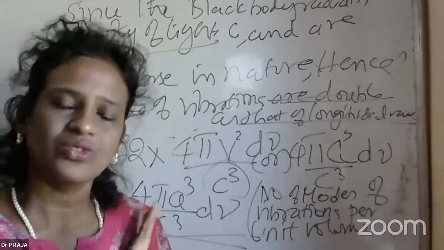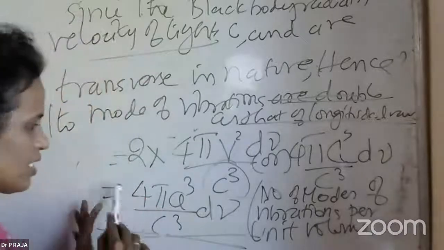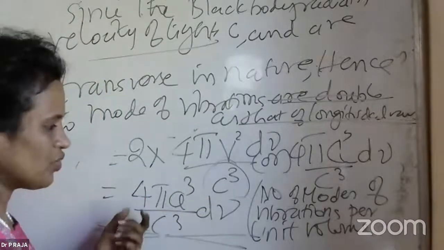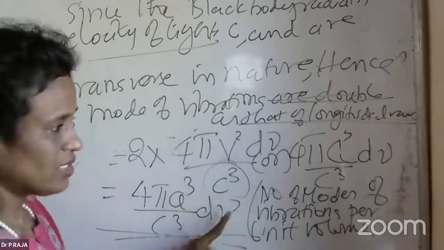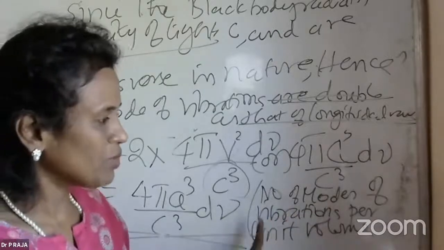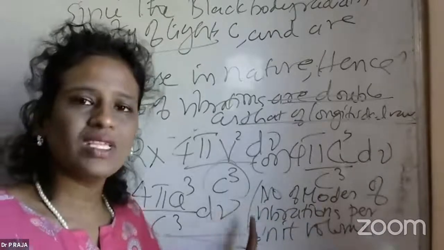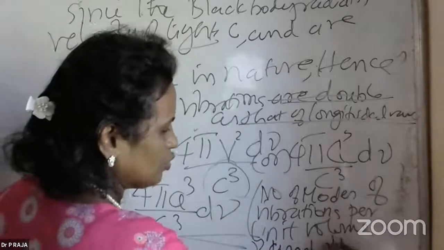Then we find the difference between these two volumes, and the final value is 4 pi a cube by c cube nu square d nu, the number of modes of vibration per unit volume within the frequency range of nu and nu plus d nu.